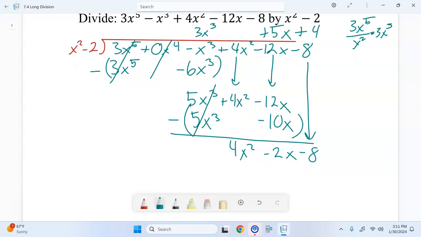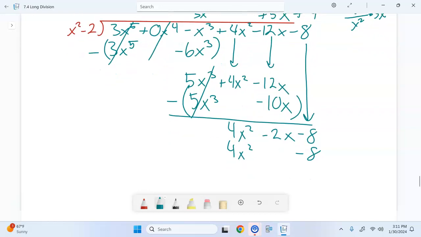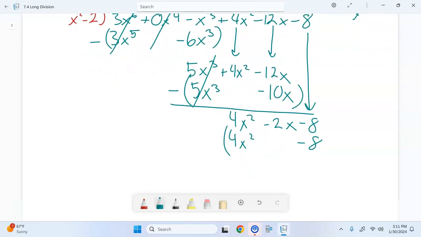We multiply, 4x squared minus 8. When we subtract, that cancels out. I'm still left with negative 2x. That is our remainder, because if I try to divide again, I'm still left with a fraction.